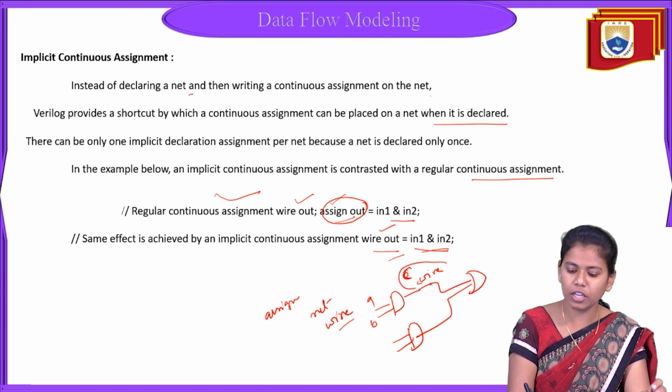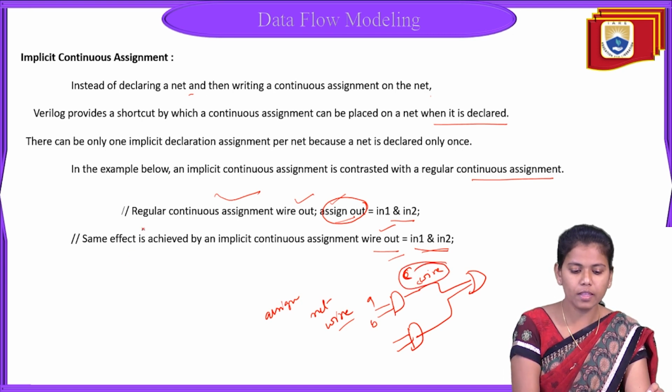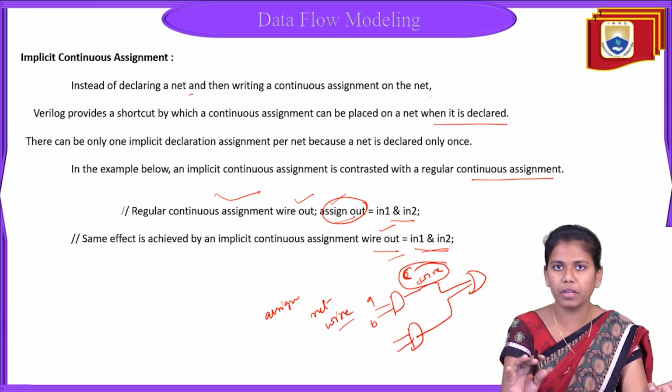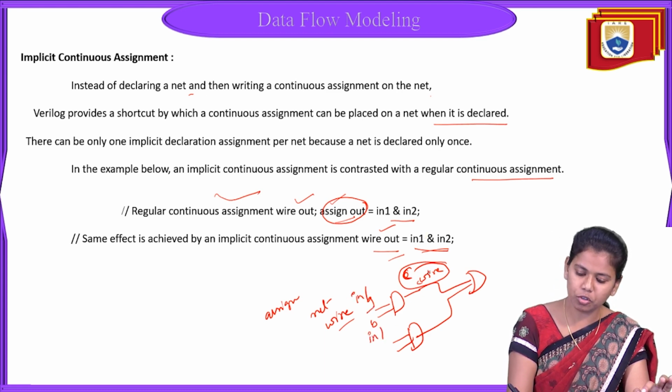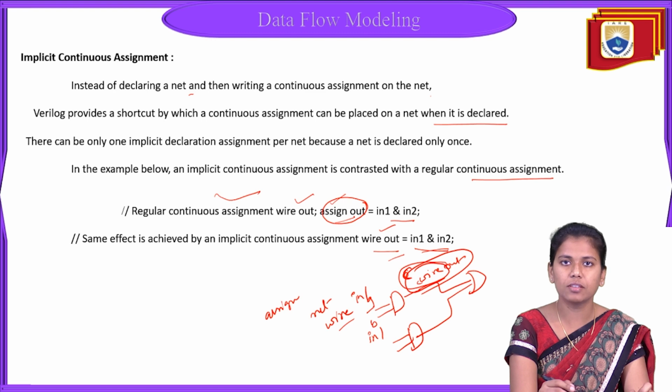This is only meant for one bit of data. So in the implicit continuous assignment, no assign keyword is mentioned, simply wire out for in one and in two. If this is in one and this is in two, the wire out would be this output. This is the implicit continuous assignment.